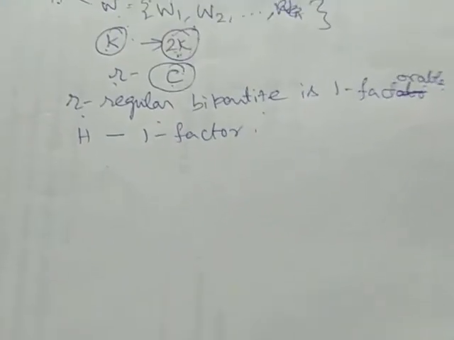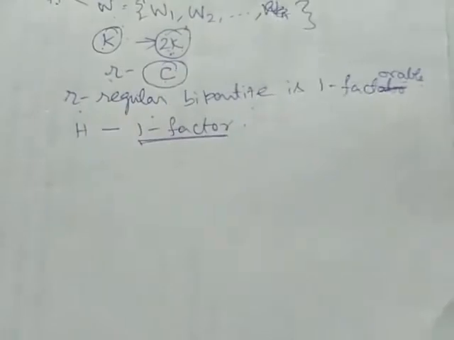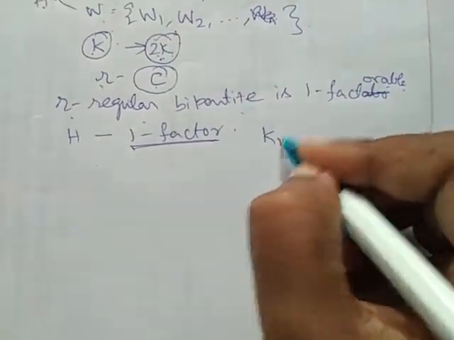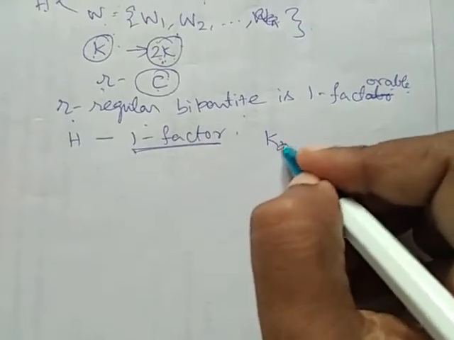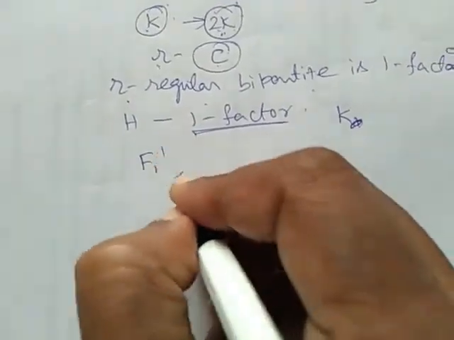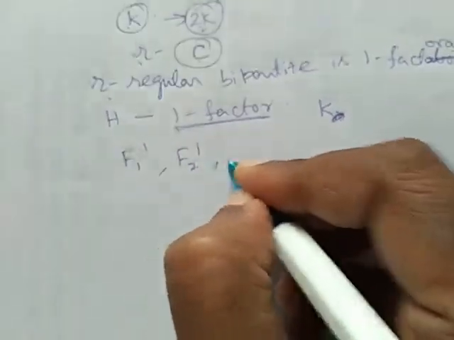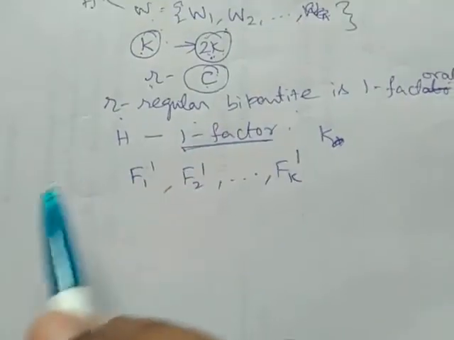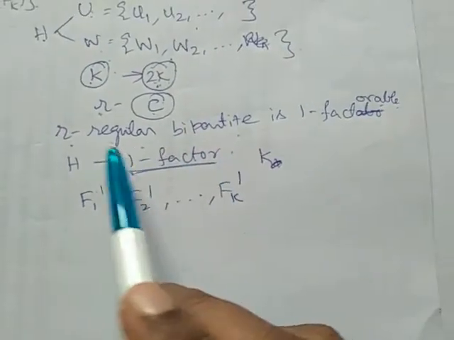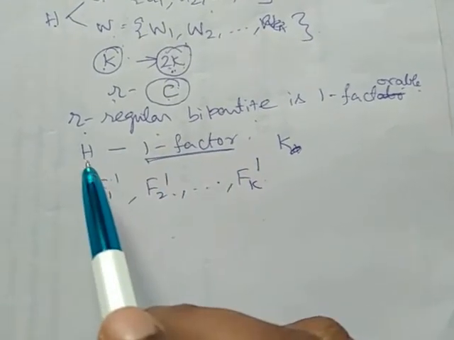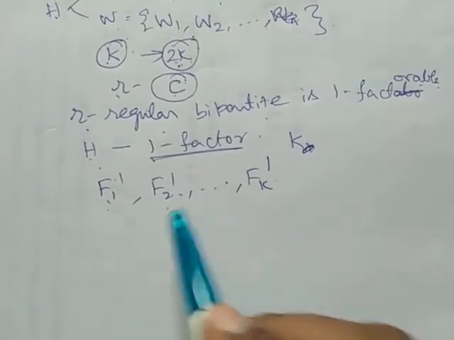Since it is one factorable, it will contain k components. I'll take them as f1 dash, f2 dash, etc., fk dash. So H has this many one factors: f1 dash, f2 dash, etc., fk dash.